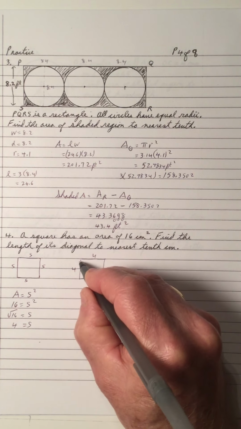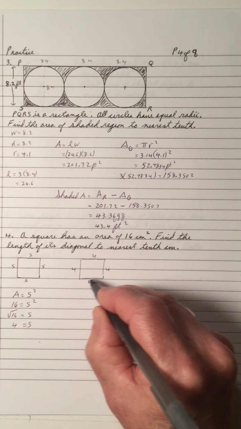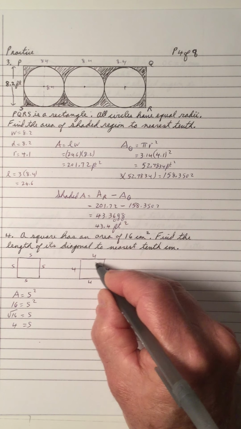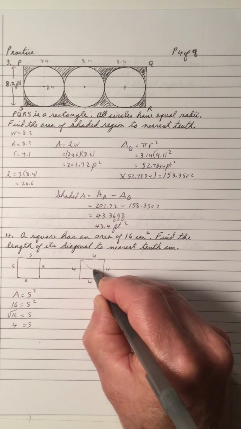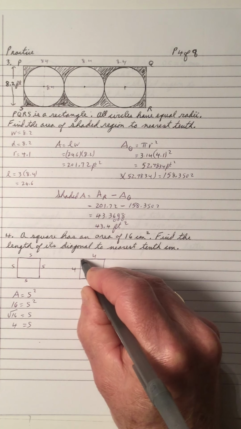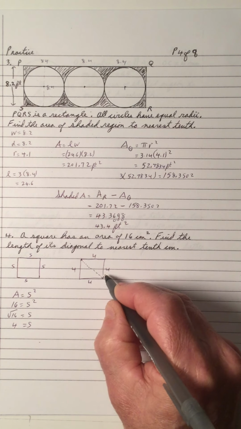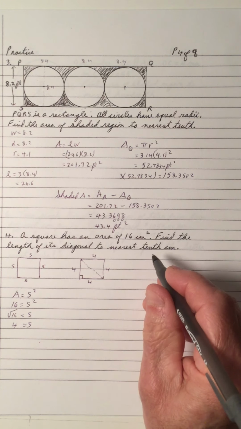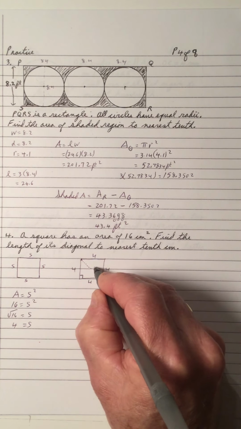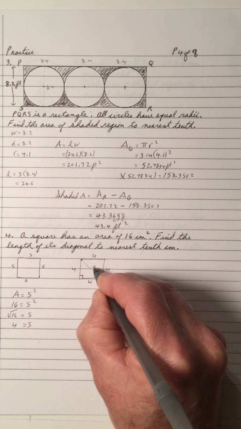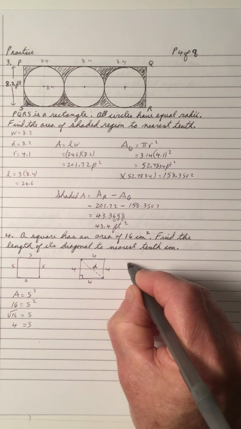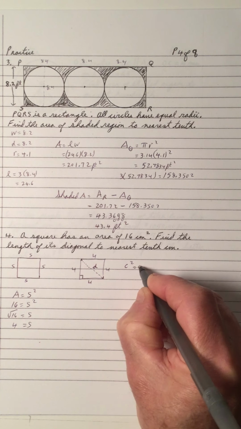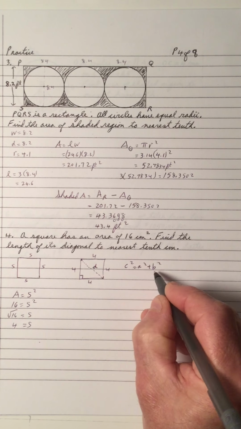The diagonal, I can draw this diagonal right here, or I can draw this one. It makes no difference. So if I draw this diagonal, the diagonal goes from one corner to the other, not being a side. And this is a right angle, so that means we can use our Pythagorean theorem. I'll call the length of the diagonal D for diagonal. So we've got C squared is A squared plus B squared.